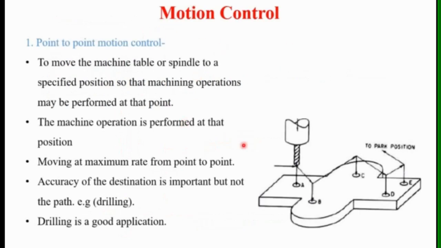Then the second part is motion control. The first type is point to point motion control, which is also sometimes called a positioning system. In point to point control, the objective of the machine tool control system is to move the cutting tool to a predefined location.